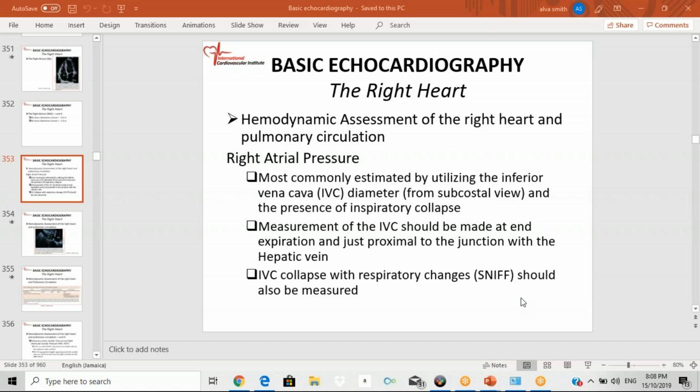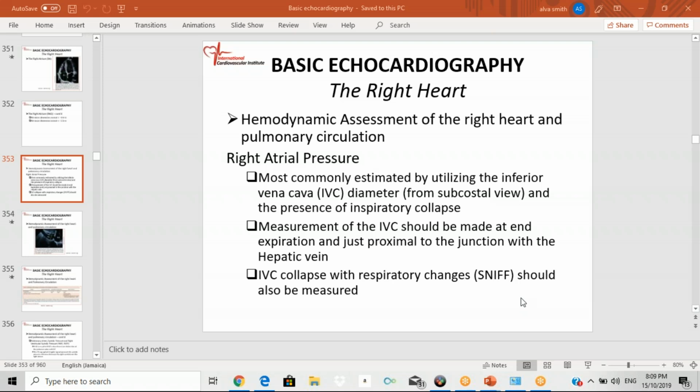Your assessment can affect these patients, because if you give a faulty assessment, you can either not make the correct diagnosis, or you can give them some sort of excess. So looking at the RV systolic function is very important.